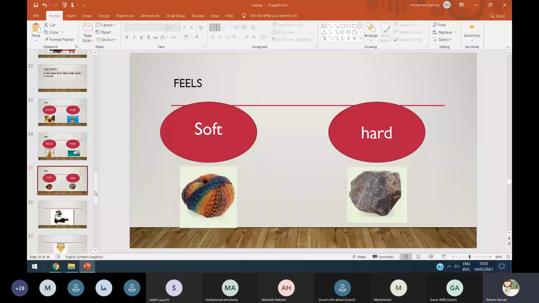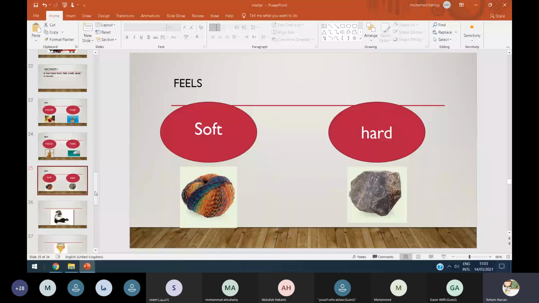Describe it as you want. The color is blue and the leg is green. Thank you so much, honey. So now you talk about the properties of the matter. This is the properties of the chair. Thank you so much, Muhammad.